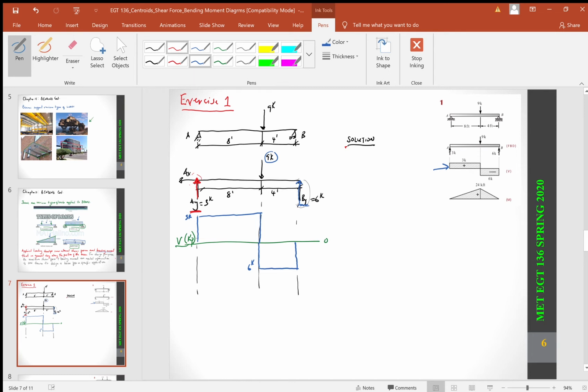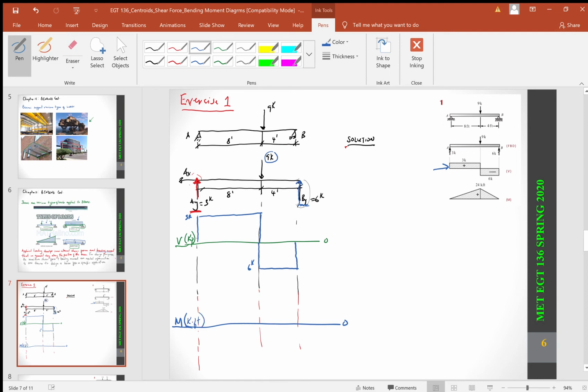Now I'm going to extend this line a little bit more here, and I'm going to draw another line. This is my moment line, and this is also a 0 line, in kip feet.